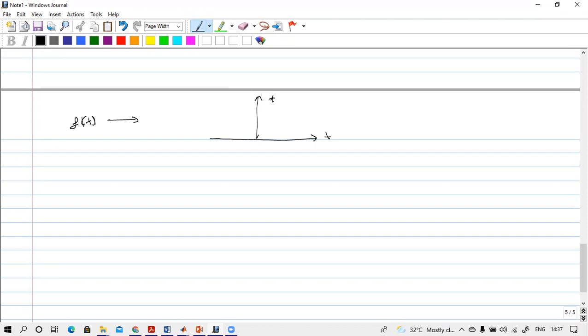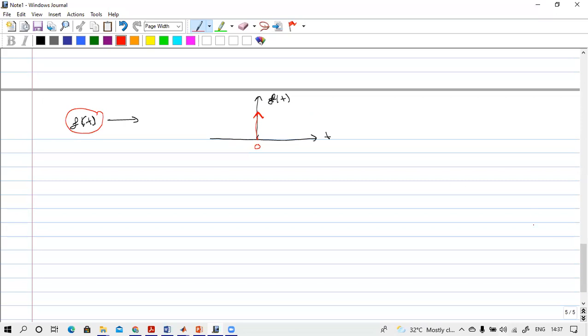So this signal looks like this, no? It is 0, and at 0 it is going to infinity. So this is a special function. Delta t is a special function.